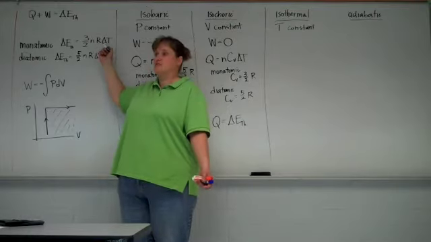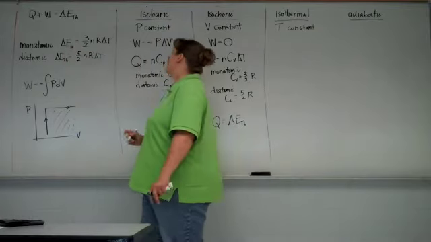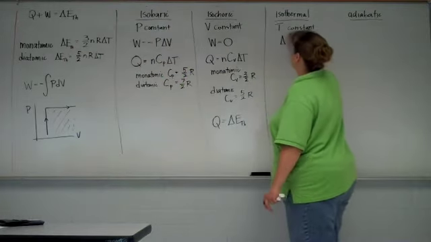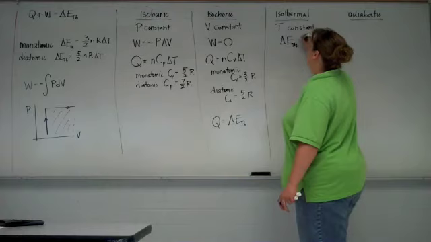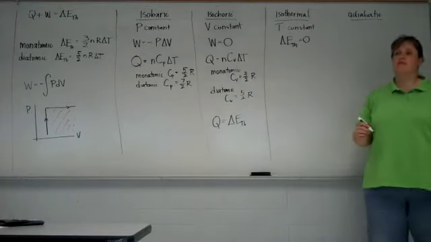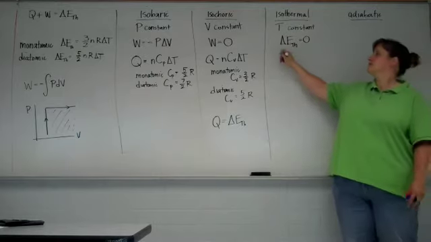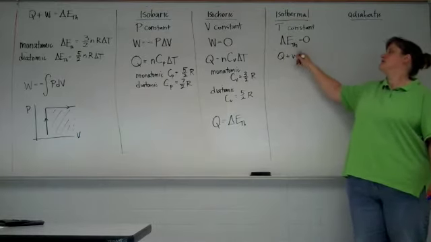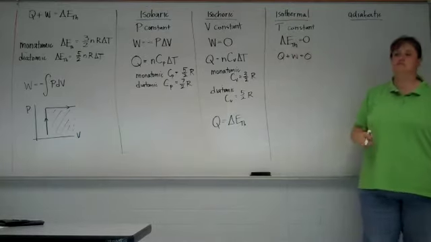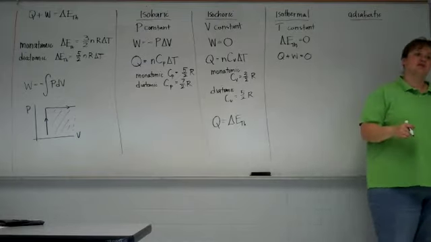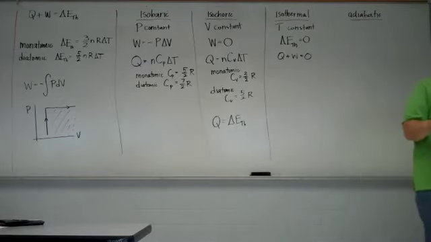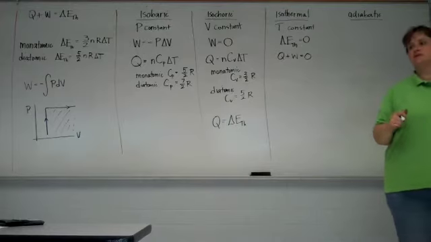Delta T would be zero, because the final temperature is the same as the initial temperature. Delta E thermal is zero for an isothermal process. That means Q plus W has to be zero. So Q is equal to negative W, or W is equal to negative Q, whichever way you want to write it.